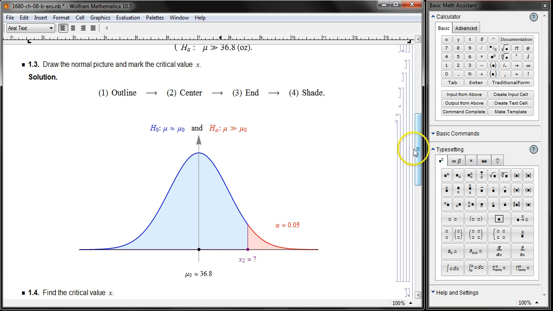If 39.3 falls into the blue region, as I'm pointing my mouse right now, then null wins. The blue represents null. Now what if 39.3 falls to the red region? Then alternative wins. Red region corresponds to the alternative.